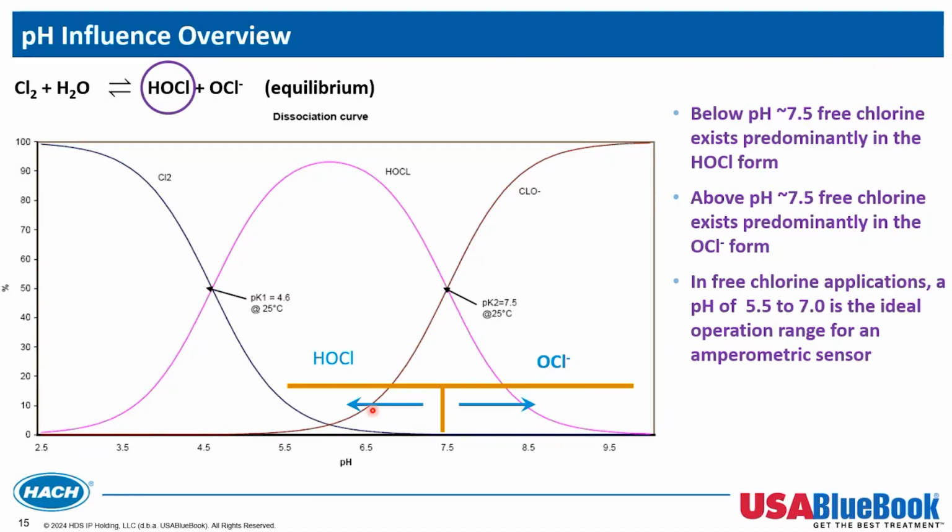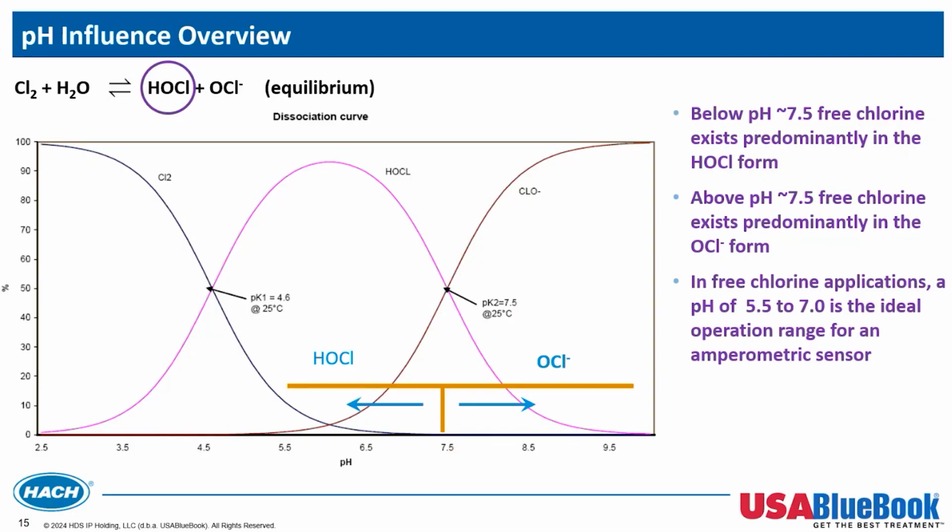Now, if we look closely at this chart here and the percentage of those species depending on the pH, you can see that 50% or 50-50 ratio is at about 7.5 pH value. You go to lower pH, you increase the HOCl concentration. You go to the right side, you increase your OCl minus portion.